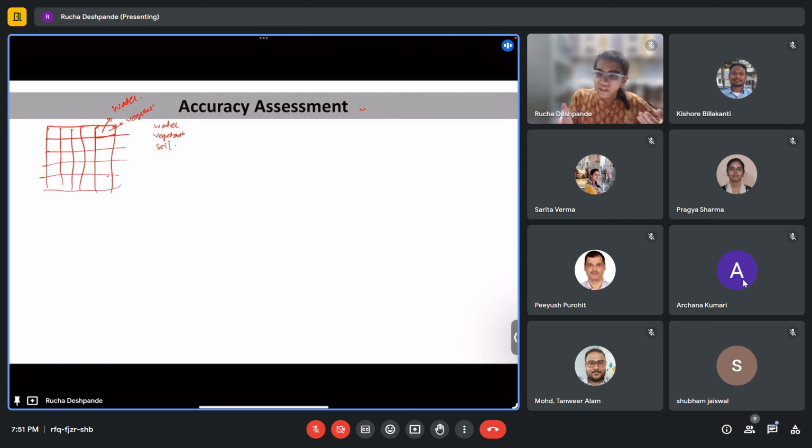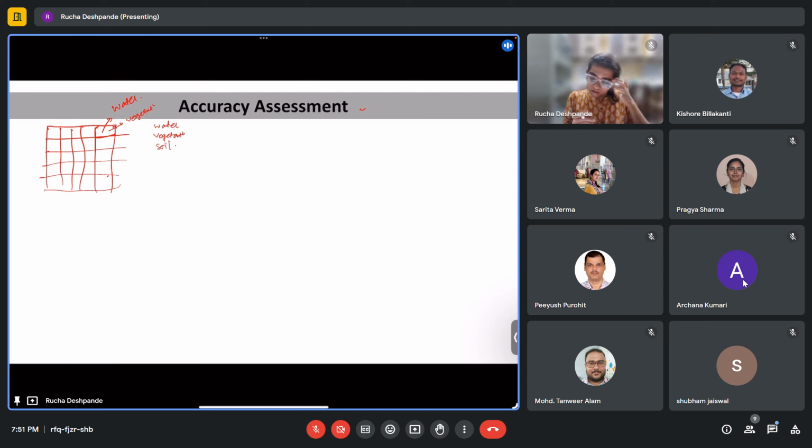Then it's a wrong classification. So accordingly, we need to check how good the accuracy is, to be able to decide whether to use that classification technique or not.